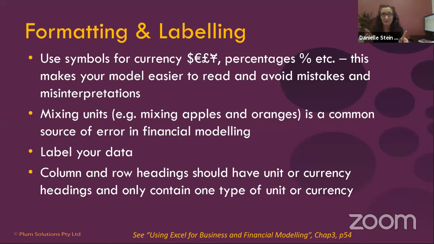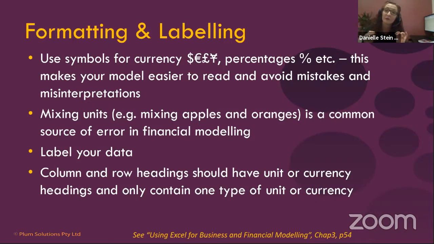And the last point, my last tip for financial modeling best practice, is formatting and labeling. So using symbols, making your labels really clear and formatting, it just makes your model so much easier to read. It can avoid mistakes and misinterpretation, because one of the most common mistakes in financial models is mixing units, not necessarily apples and oranges, but perhaps currency, like you might mix up pounds versus dollars or something like that and not realize that they're different units.